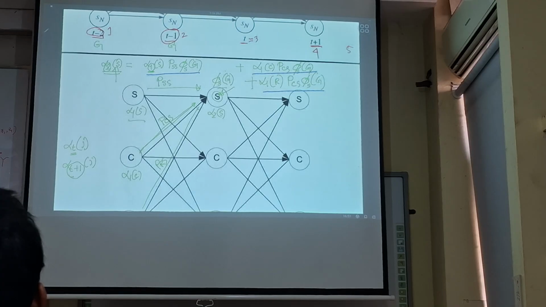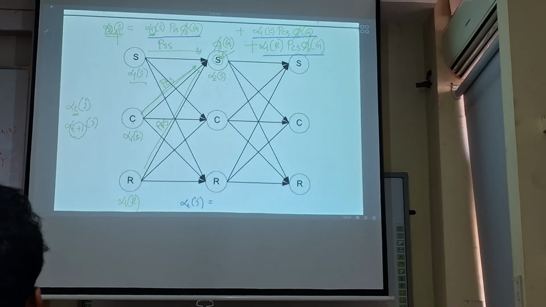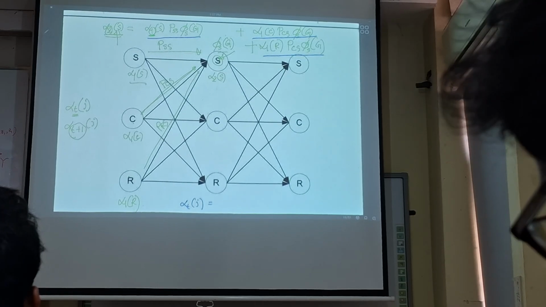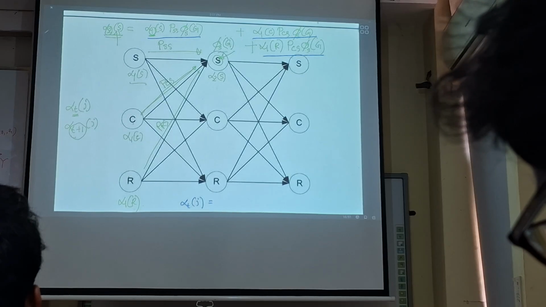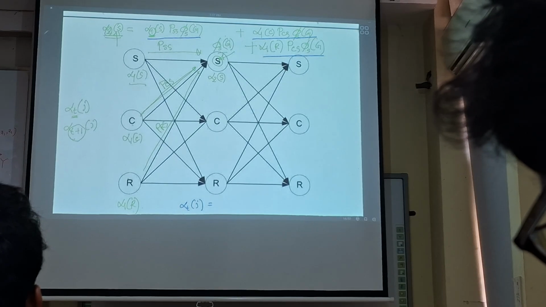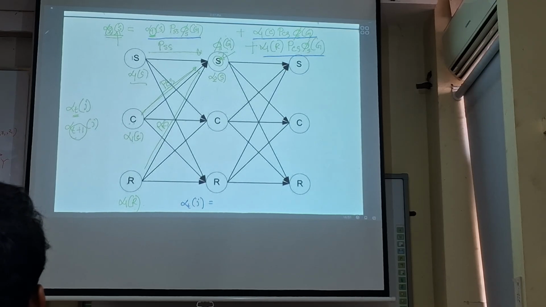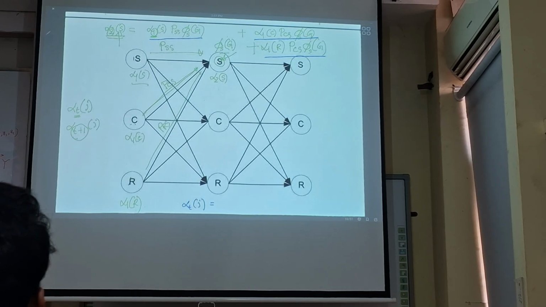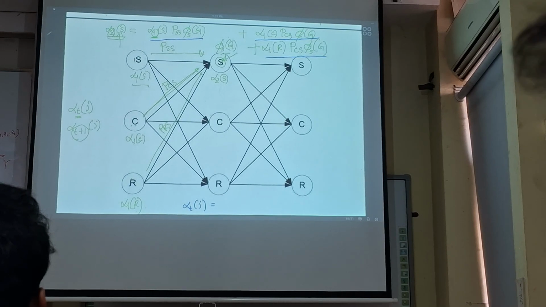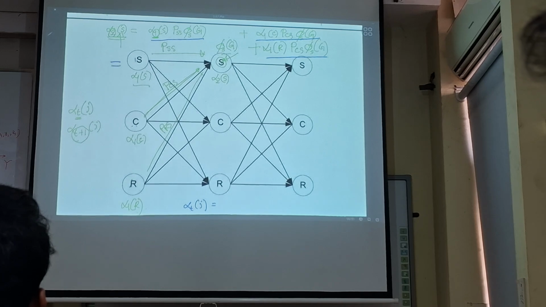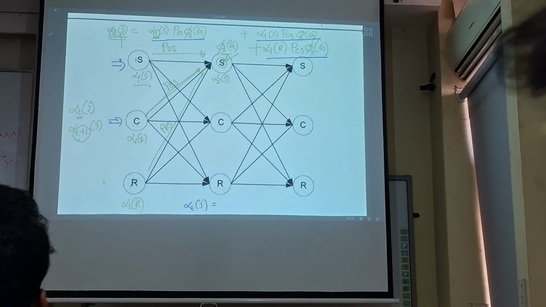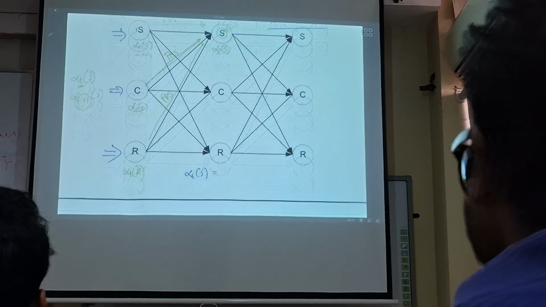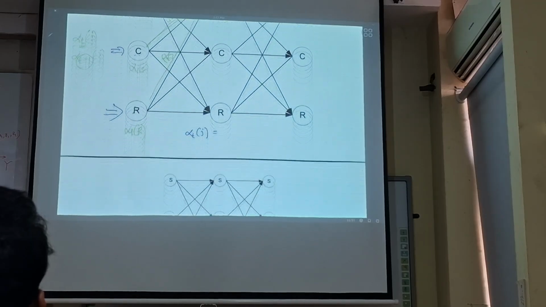How many paths can start? So the number of possible states. The number of states in this approach. So from each of the states, one path can start. Because a path actually cannot have a cycle. So we can have at most how many? 3 paths. So we can write here, what is the equation?